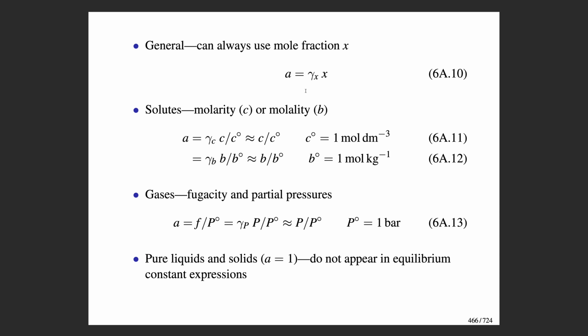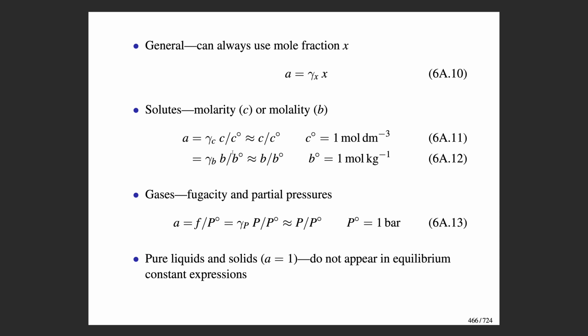Alternatively, you could use molarity or molality as your concentration unit, in which case you would define the activity as being a molarity-based activity coefficient times the molarity of the solution divided by the standard molarity, which is 1 mole per liter. For a molality-based definition, you would have a different activity coefficient, one that's based upon molality, times the molality of your solution divided by the standard molality, which is, again, 1 mole per kilogram.